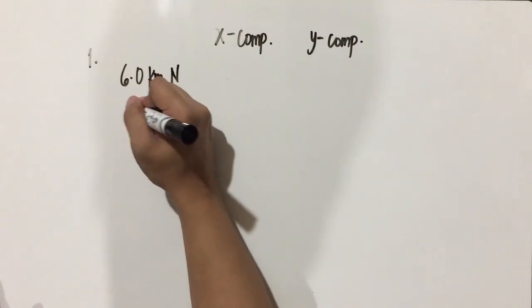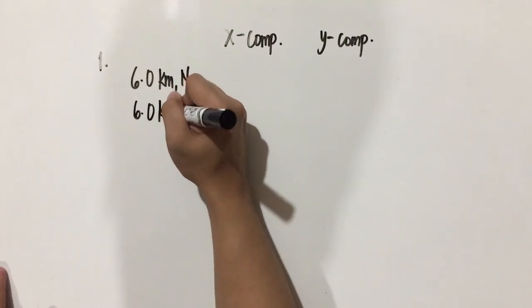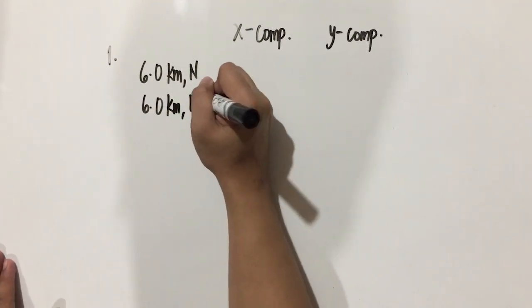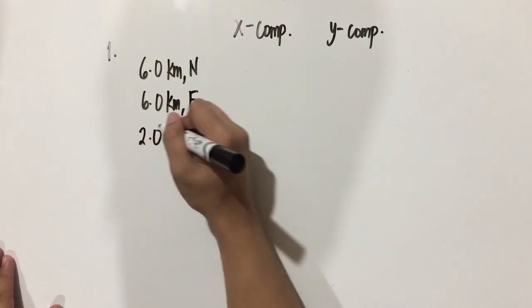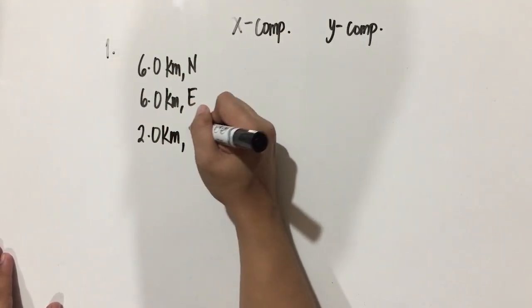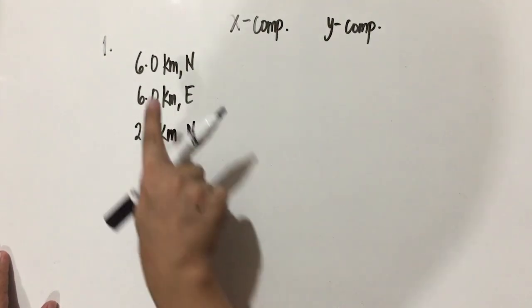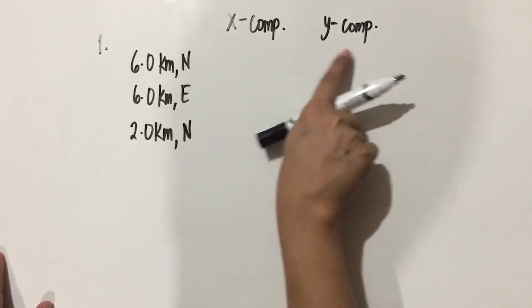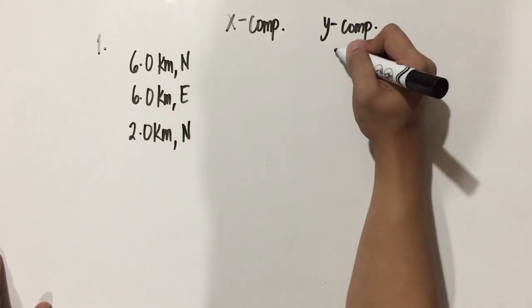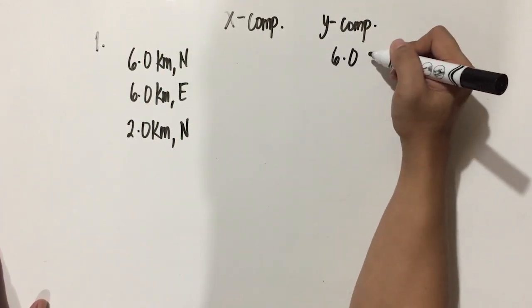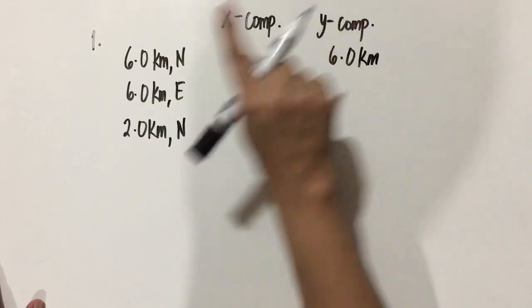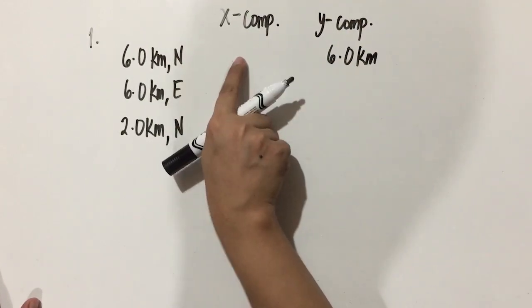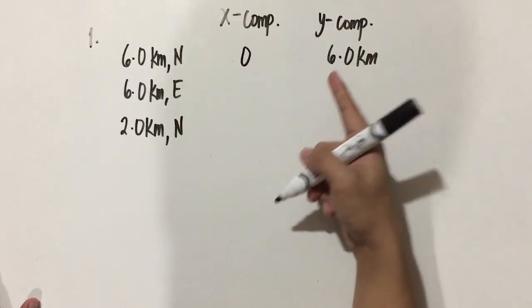Second given is 6.0 kilometers east. And the third one is 2.0 kilometers to the north. So let's identify the x component and the y component of the first vector given. 6.0 kilometers to the north is for the y component. So no x component for that, since it is only north.